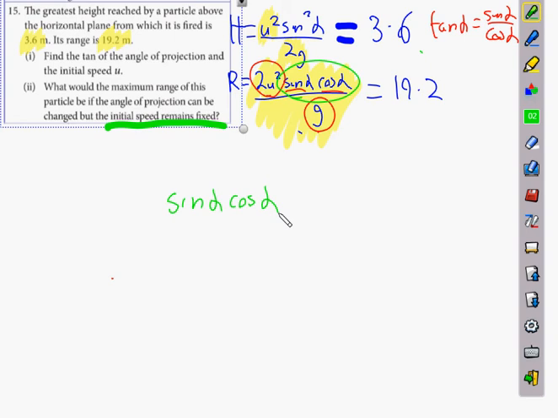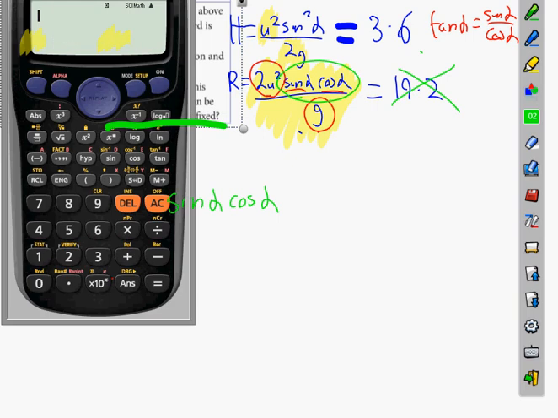So what I'd like to do with you guys is, and it no longer equals 19.2 because it's asking me to adjust the angle so that I get the largest range possible. So in a case like this, we're just going to briefly get out our calculator.